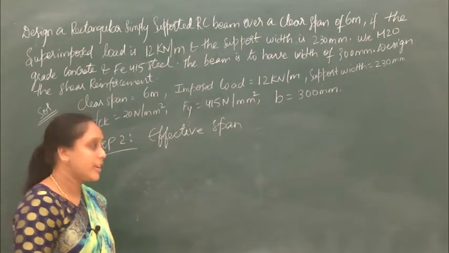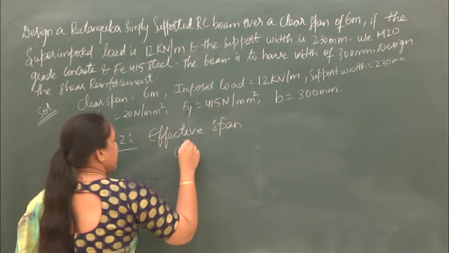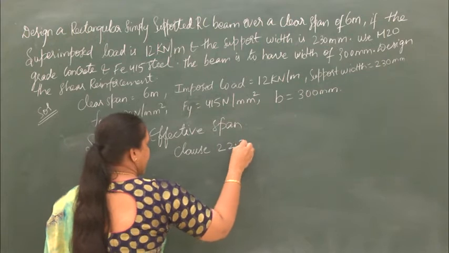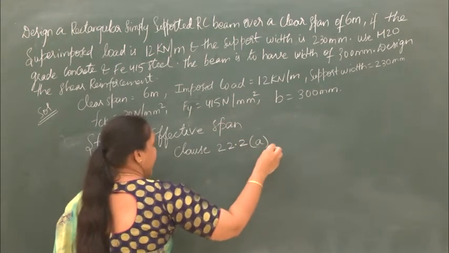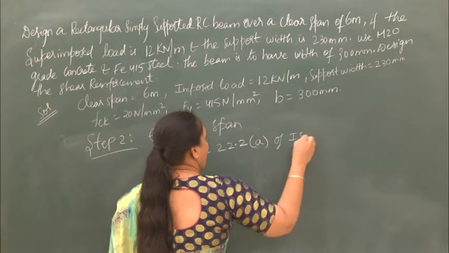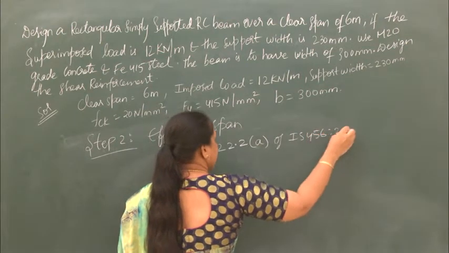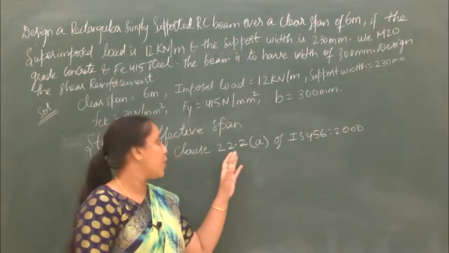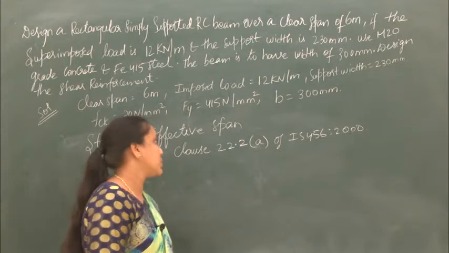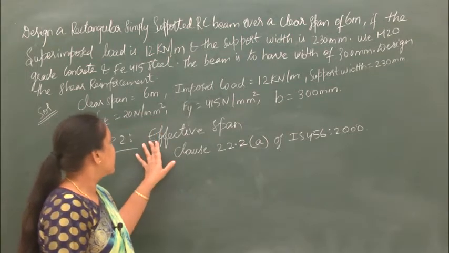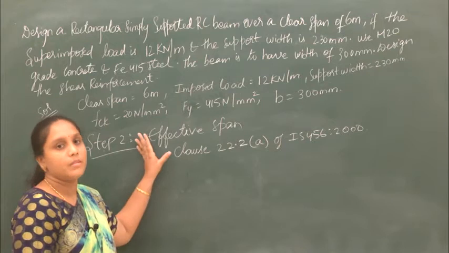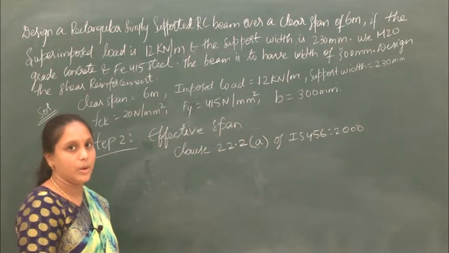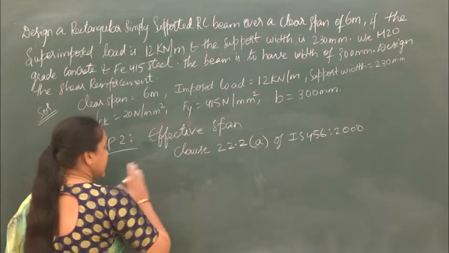To calculate the effective span, check clause 22.2a of IS 456-2000. In clause 22.2a of IS 456-2000, the formulas for calculating the effective span of a beam are given.